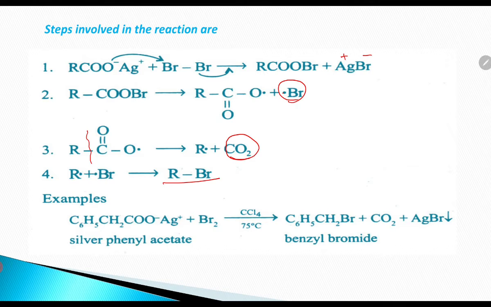Here we have an example, silver phenylacetate. Silver phenylacetate on reaction with bromine in the presence of CCl4 gives benzyl bromide with the release of carbon dioxide, and AgBr is formed as the precipitate.